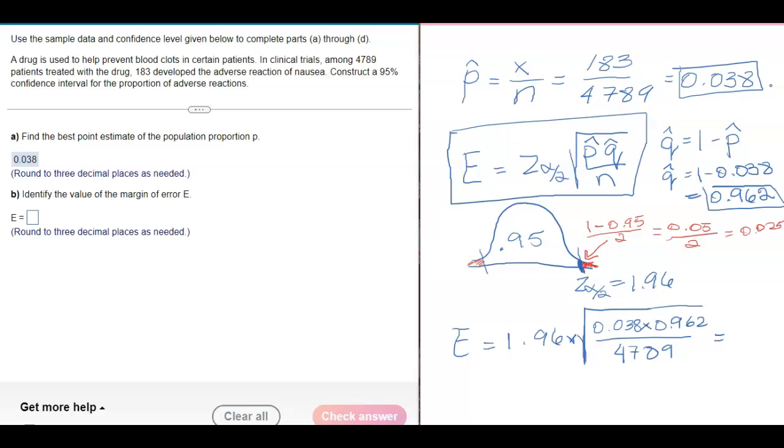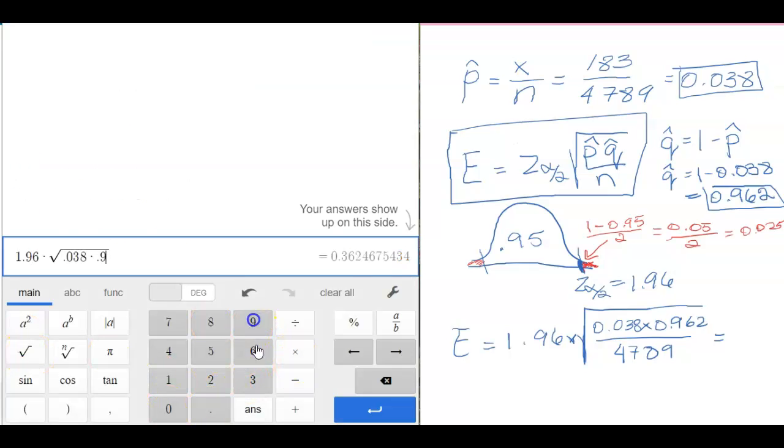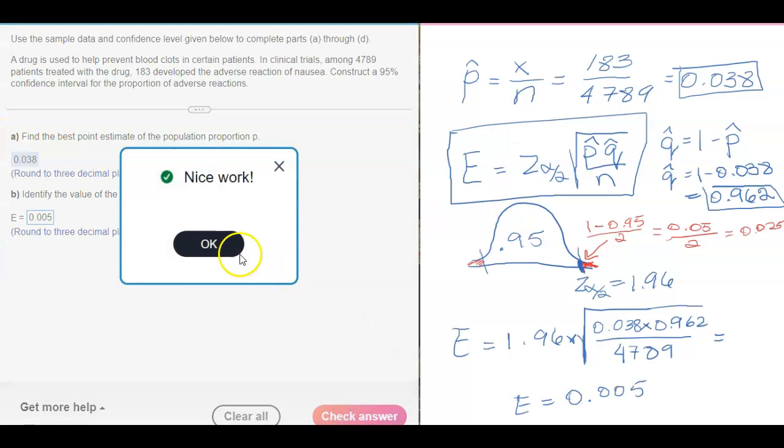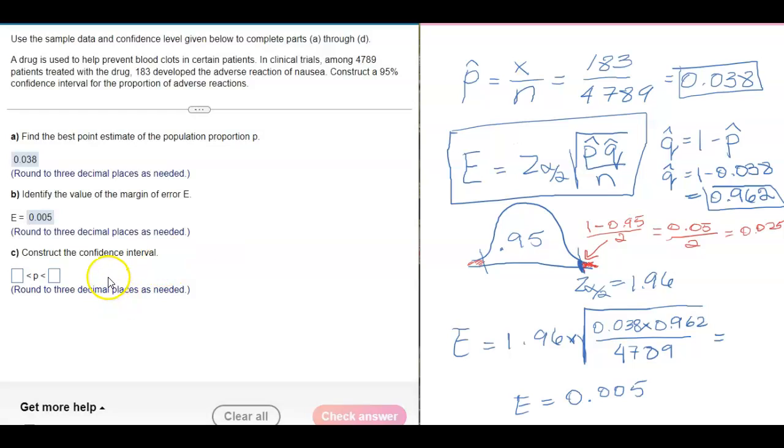Let's use calculator. The margin of error E is 0.005415. We need to round it to 3 decimal places. So E is 0.005. Let's check. Awesome.